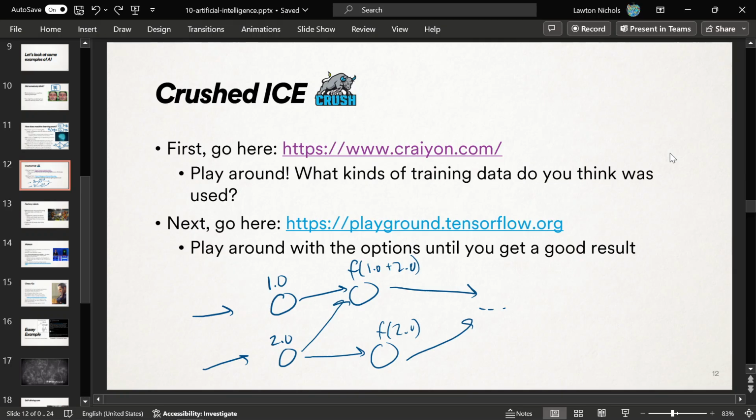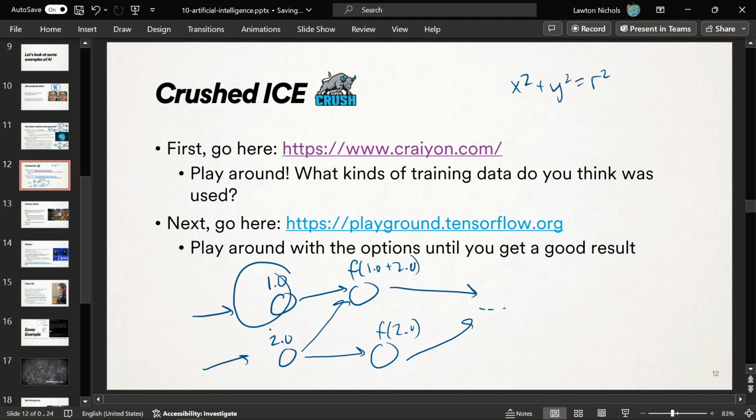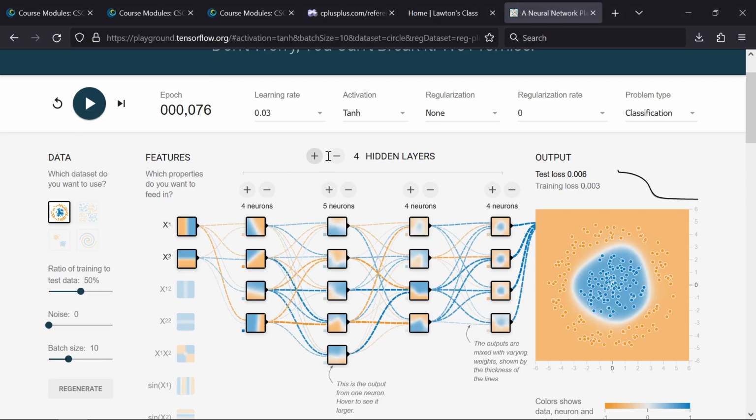Remember the equation for a circle, it's x squared plus y squared equals r squared. We just kind of want it to learn this. If you give it x squared as a neuron and y squared as a neuron, it'll combine that in the next layer, and it's pretty much learned a circle at that point. So here's the secret.